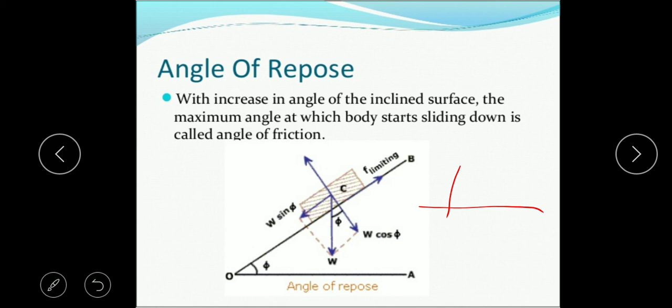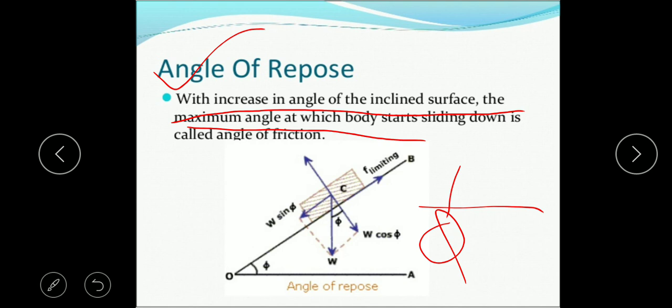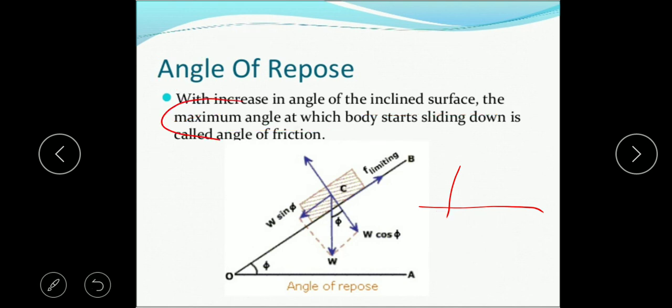The value of the angle at which the body starts sliding is the angle of repose. With the increase in the angle of the inclined surface, the maximum angle at which the body starts sliding down is called the angle of friction.